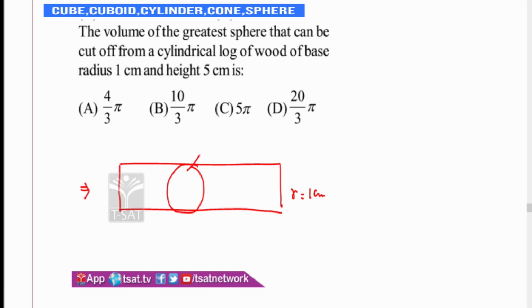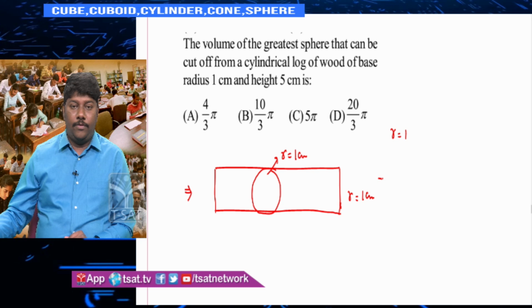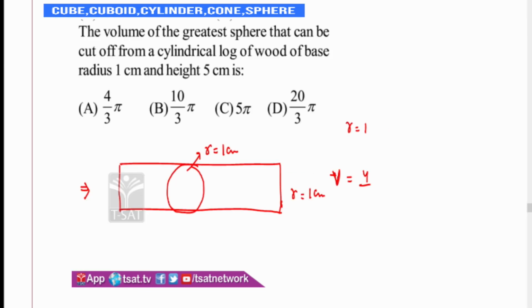So the radius of the sphere must be 1 centimeter only. You can't cut a bigger sphere than this. Therefore radius is 1, volume is equal to 4 by 3 pi, r cube is 1. So the volume of the sphere is 4 by 3 pi.